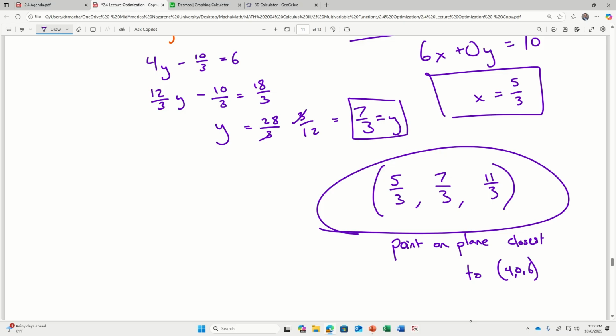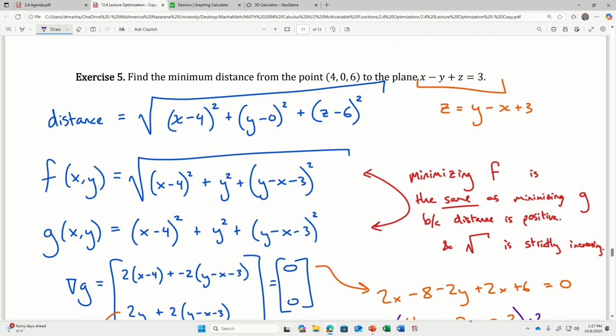And now, if I really want to answer the question, find the minimum distance, well, then I would have to plug in what I just found for x, y, and z into this distance formula, right?